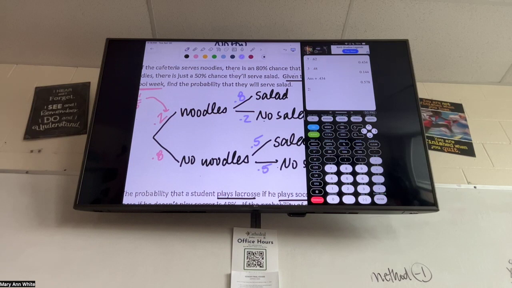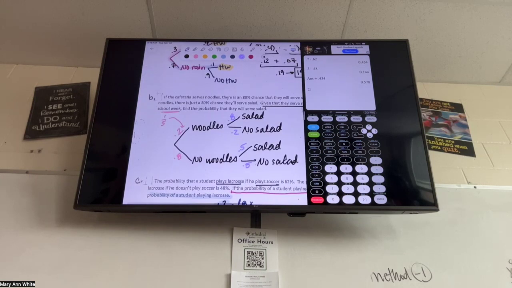Now we want to take as many paths as we can to end at salad, okay? So I'm gonna start yes noodles, yes salad, that's a path to get to salad. I don't want to go to the no salad, so now I'm gonna go no noodles and then yes salad. And those are my only 2 paths. We need both of those things to happen. We get noodles and we get salad, or we get no noodles and we get salad.